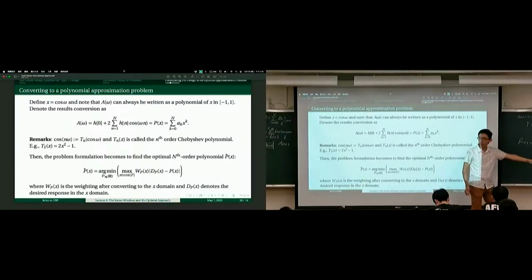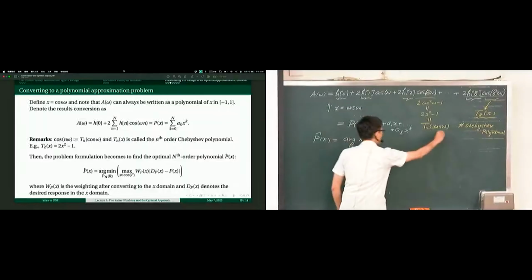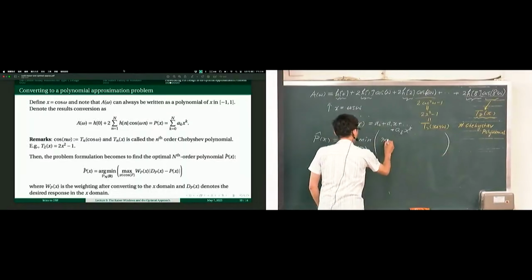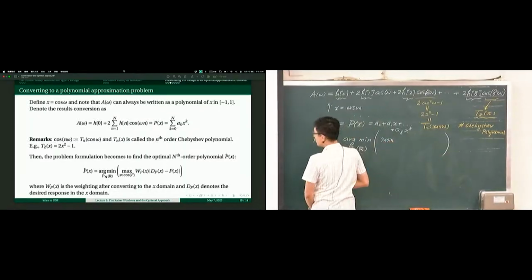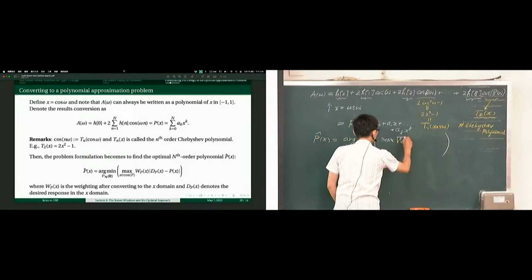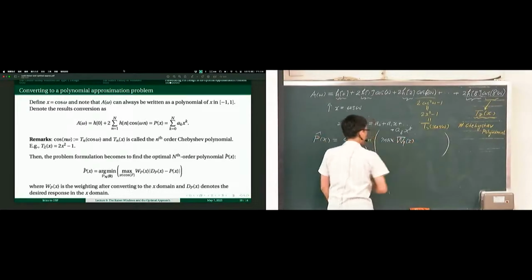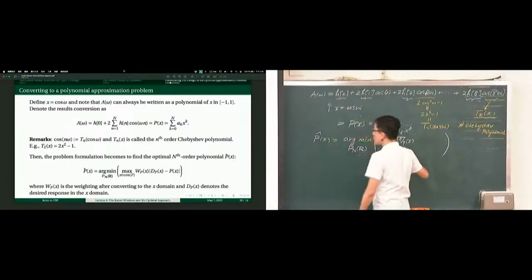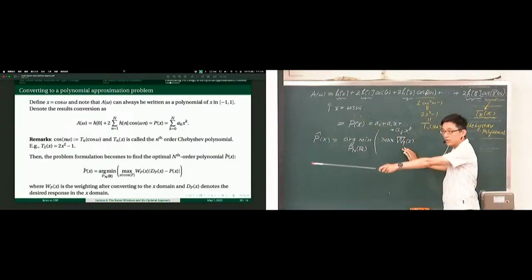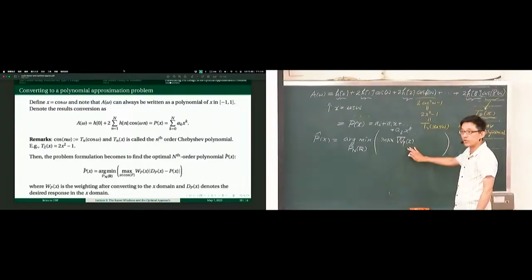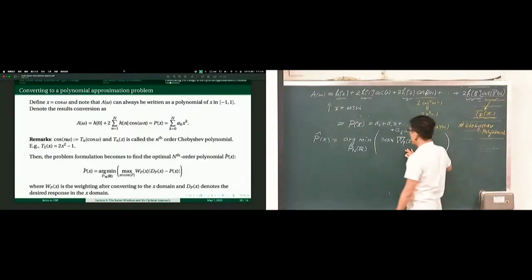Okay, and what is that expression we have? The expression is big. This expression is the maximum of weighted. There's still the weight function, which comes from the weight function in the omega domain. You can easily convert it to the x domain by changing a variable. So it's pretty straightforward right here.